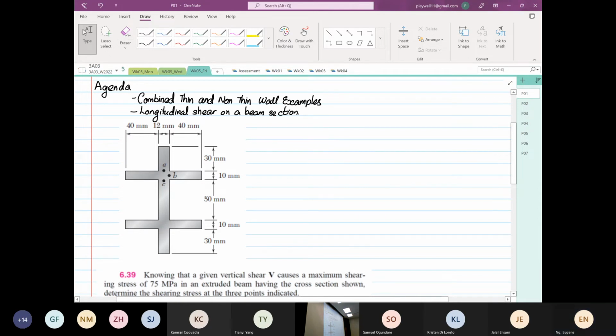The shear force is coming down from the top, like this. So how will you design your shear flow?